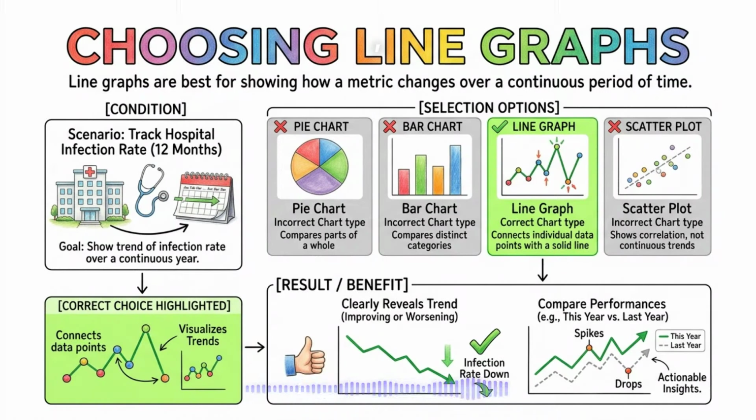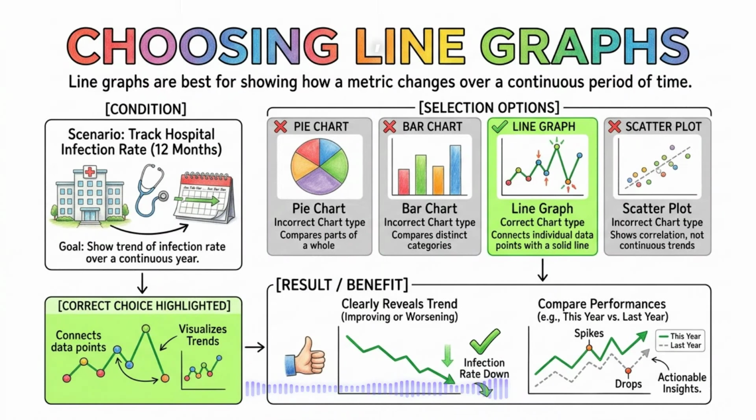Line graphs connect individual data points with a solid line, perfectly illustrating trends, spikes, and drops across days, months, or years. If you need to show the hospital's infection rate over the past 12 months, a line graph will clearly reveal if the situation is improving or getting worse.